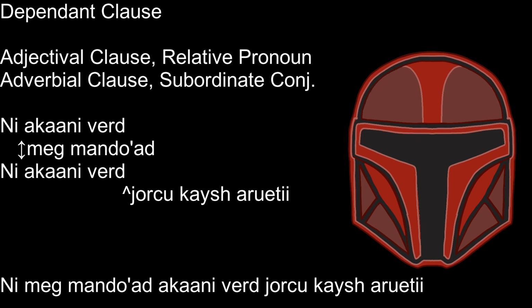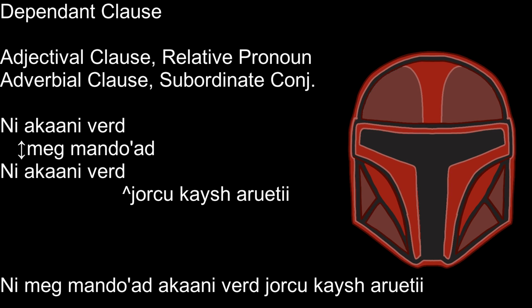Let's add another dependent clause, but this time adverbial. Ni meg Mando'ad akani verd jorku kesh aroeti. I, who is Mandalorian, fight the warrior because they're a traitor. The because is describing the action, why we are doing it.